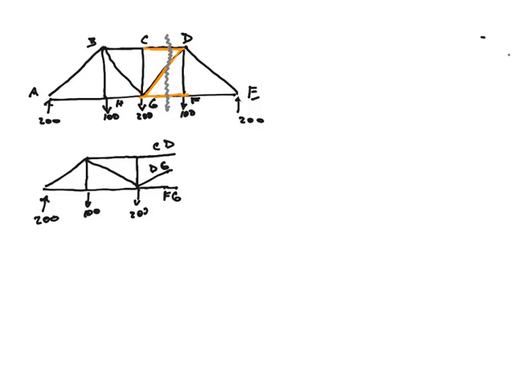So that's the left side. And then the right side looks like this. Here's the right side of the broken truss I've just created. Looks like this. So here's the 200 at E, here's the 100, and then this guy is CD, this guy is DG, and this guy is FG.